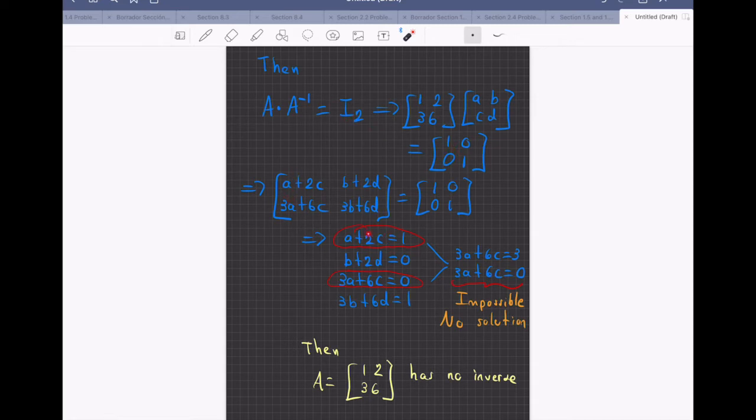And then I observed the system of equations. I didn't even have to solve it. Why? Because I observed that in two equations we have something impossible: 3a plus 6c equal to 3 and equal to 0 at the same time. So it's impossible, because this implies 3 equal to 0. So this has no solution. Then this one has no inverse.